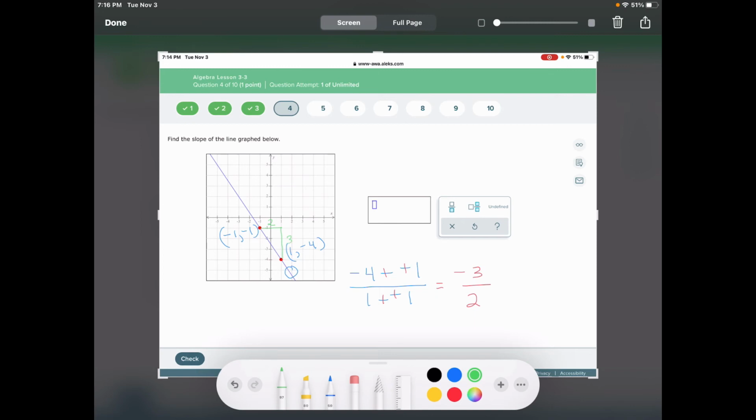And so whenever I'm going down, I always want to use a negative. And so I want to go negative rise over run, which happens to be 3 is the rise over 2 is the run. And we have calculated that 2 ways. You pick.